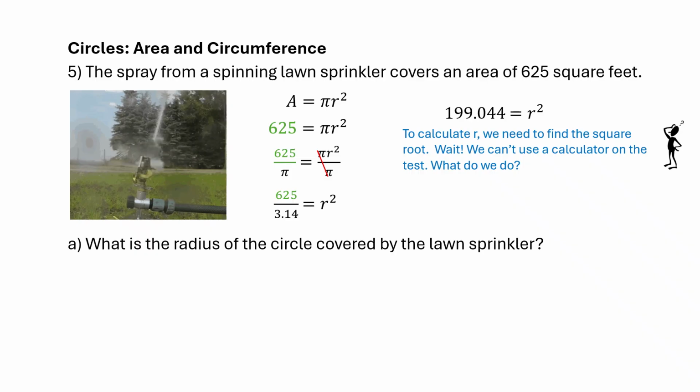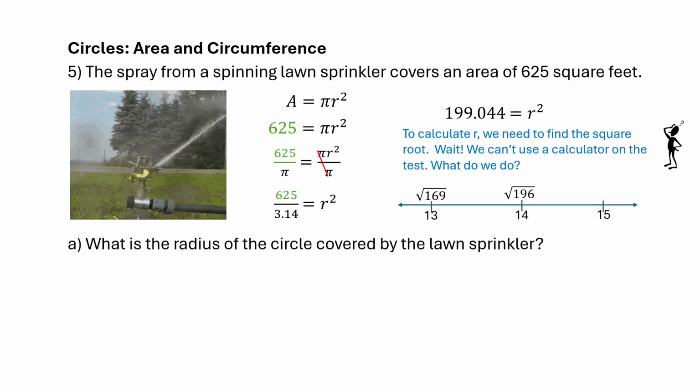Wait a minute, we can't use a calculator on this test. What do? Well, think of a number line. And above each of these numbers that I've selected, I'm going to put the square root of each one. Square root of 169 is 13. Square root of 196 is 14.